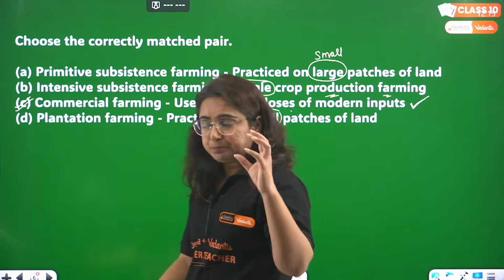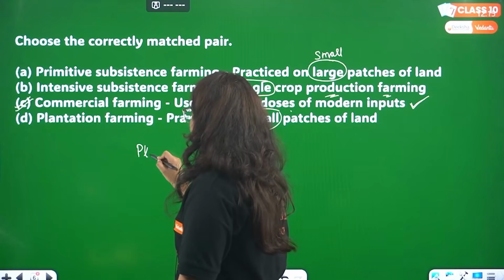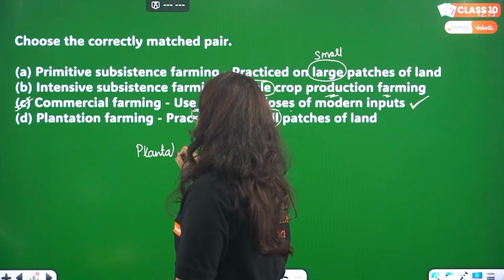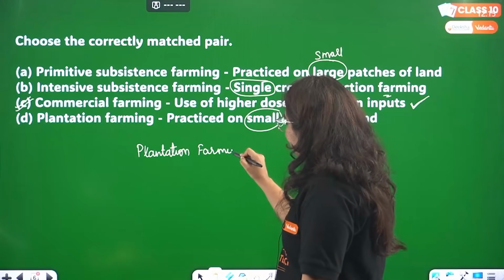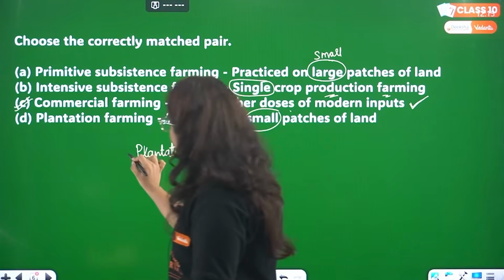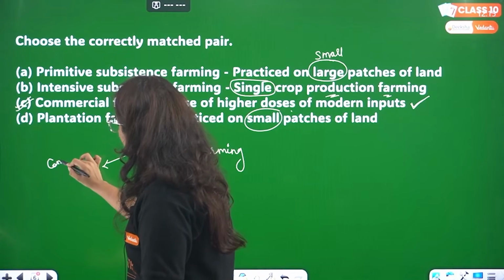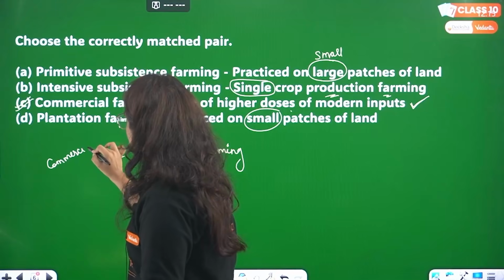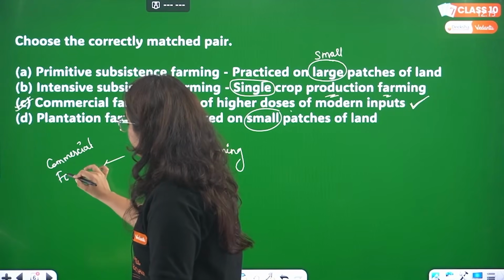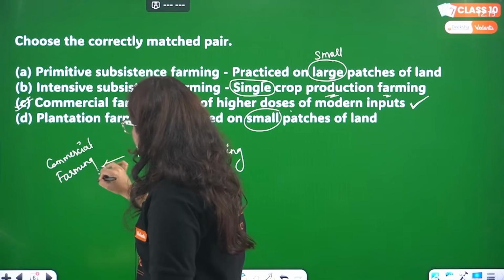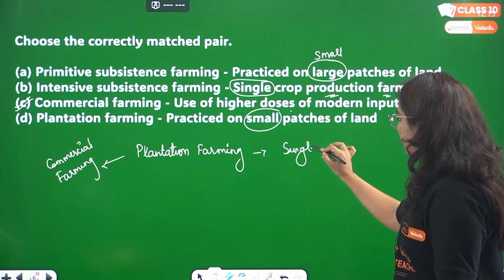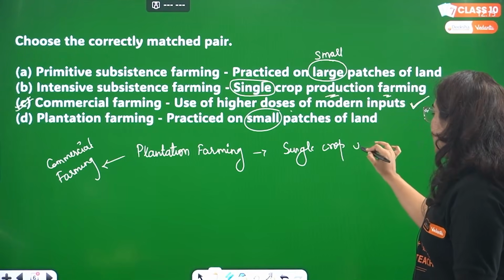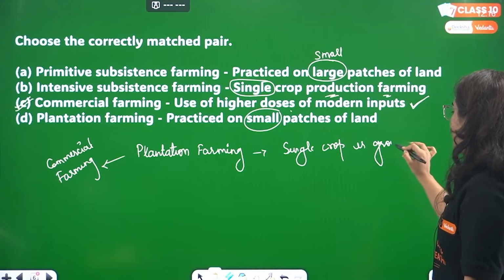By the way, beta, here one word came that we did not discuss in the last slide, that is plantation farming. Now, what is this plantation farming? Plantation farming is an example of commercial farming. However, in plantation farming, only a single crop is grown.